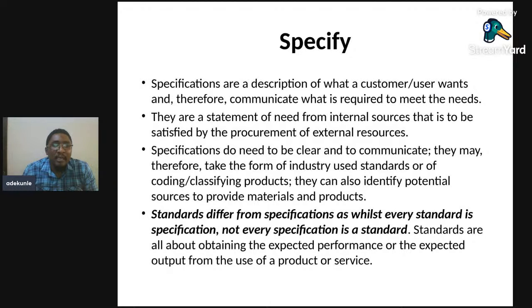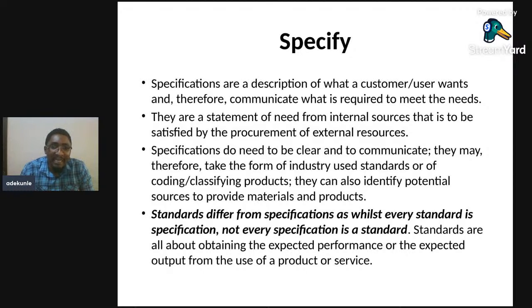Specifications are also statements of need from internal sources within the organization that are to be satisfied by the procurement of an external supply source. Specifications do need to be clear when they are being communicated.